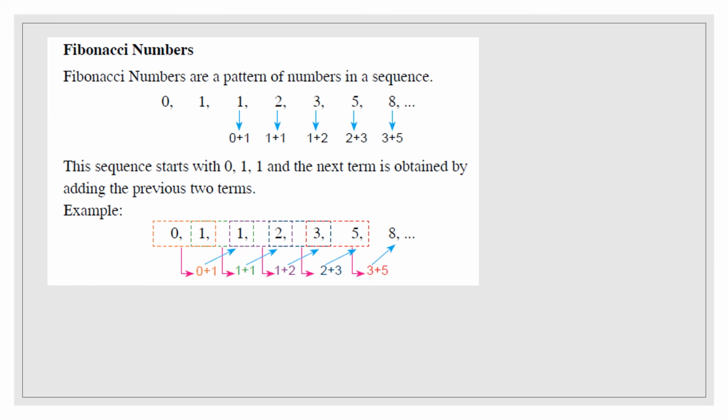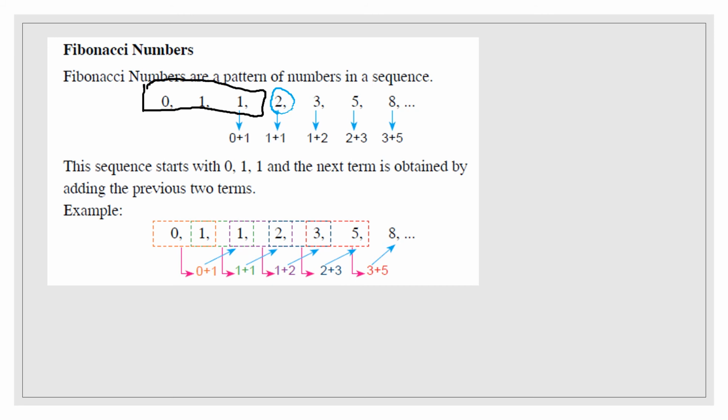Fibonacci numbers are a pattern of numbers that start with 0, 1, 1. The next term is obtained by adding the previous two terms. This is the next term.